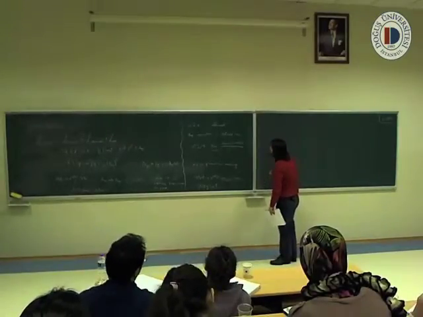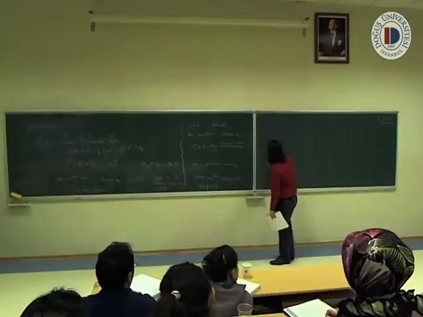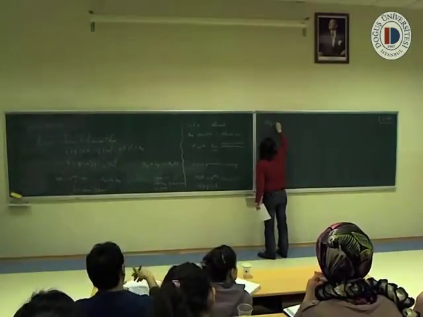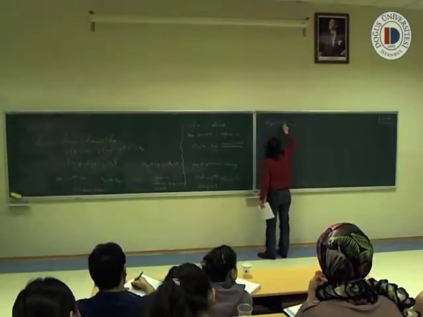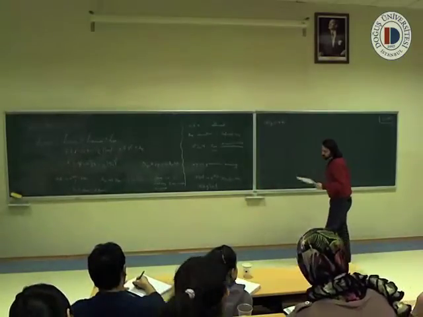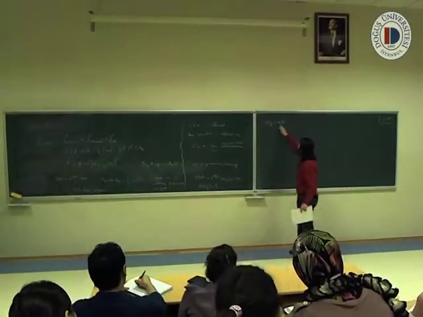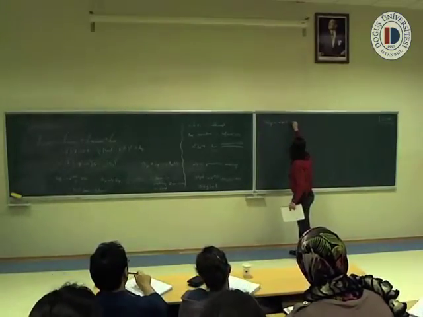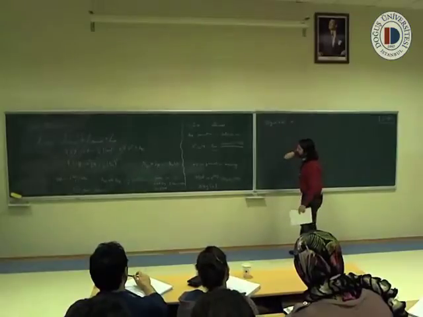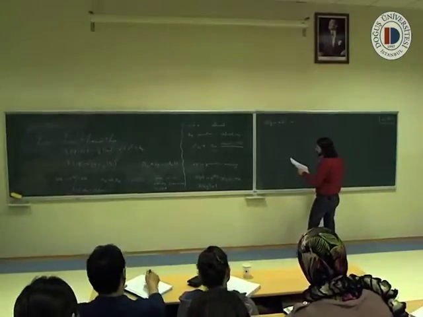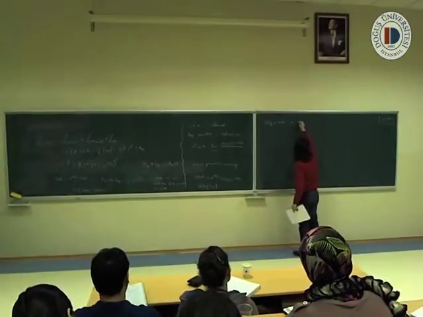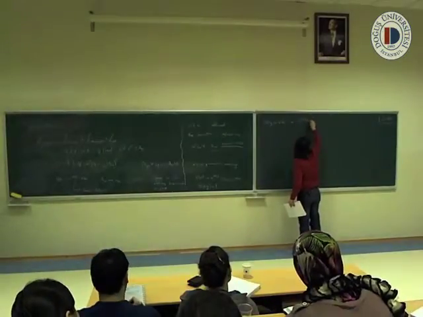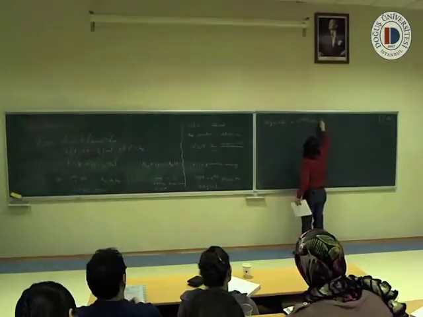So the point is, if you look at the transformation properties of this stuff with this compensator, you see that the transformation is going to be this.